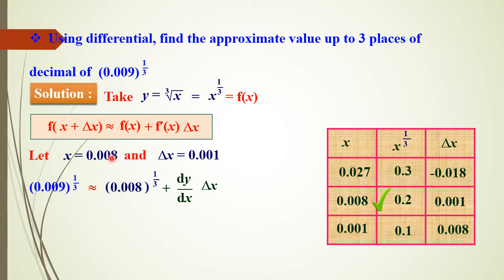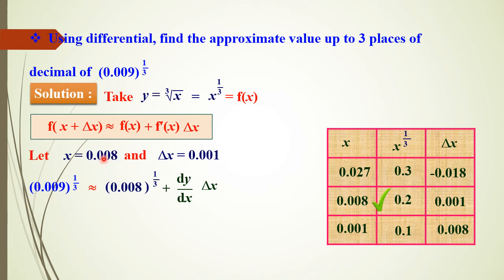8 is a perfect cube, but 9 is not, so 0.008 if you write it like this, then cube root of 0.008 is 0.2. 0.2 whole raised to 3, after expanding it you will be getting 0.008, and this whole raised to 1 by 3, the cube root and the cube get cancelled, so that you can come out of the cube root.